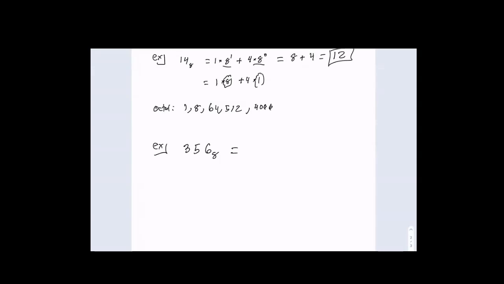So when I set this up, I have to realize this is going to be something times, now this is 1, 8, so three of them, which is 64. So the first one's going to be multiplied by 64, plus blank times 8 plus blank times 1.